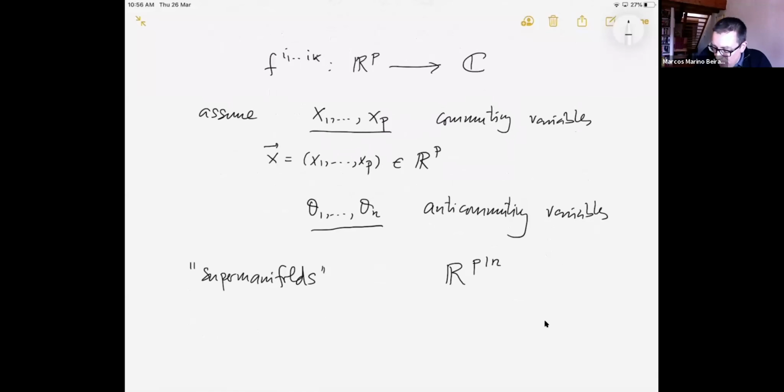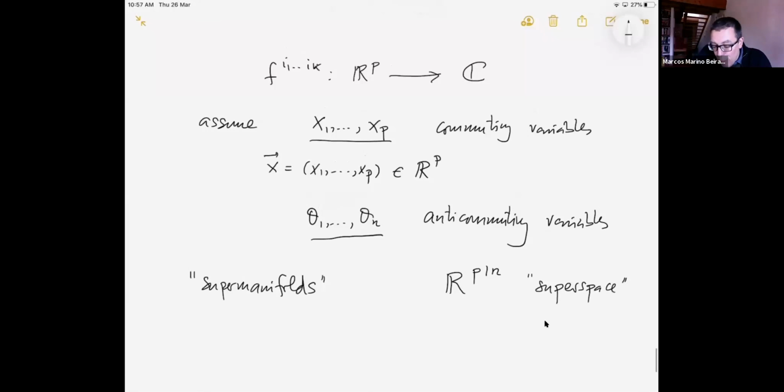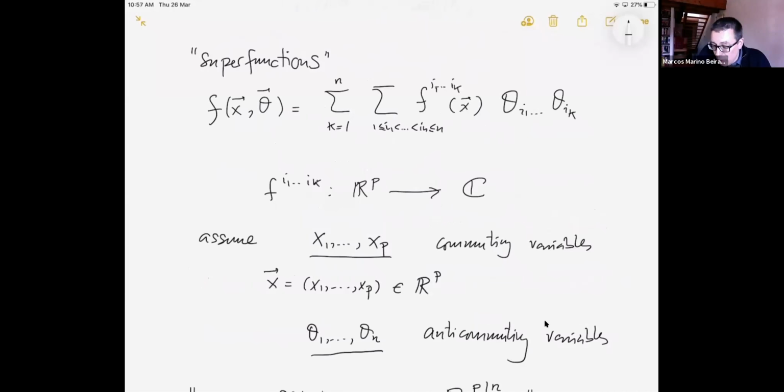What is R^{p|n}? It means that you have p commuting variables and n anti-commuting variables, and you define functions on this superspace. This is what is sometimes called a superspace or a supermanifold. A space is essentially defined by the type of functions that you can define on it. So the superspace R^{p|n} is defined by the fact that functions on this space are these superfunctions.